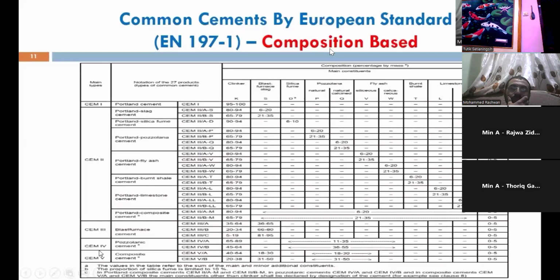From top to bottom, we can see that the amount of clinker decreases, and the cement name is reversing.